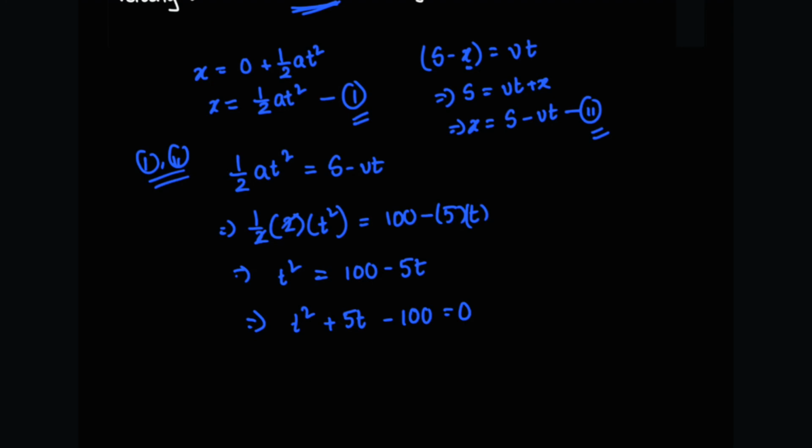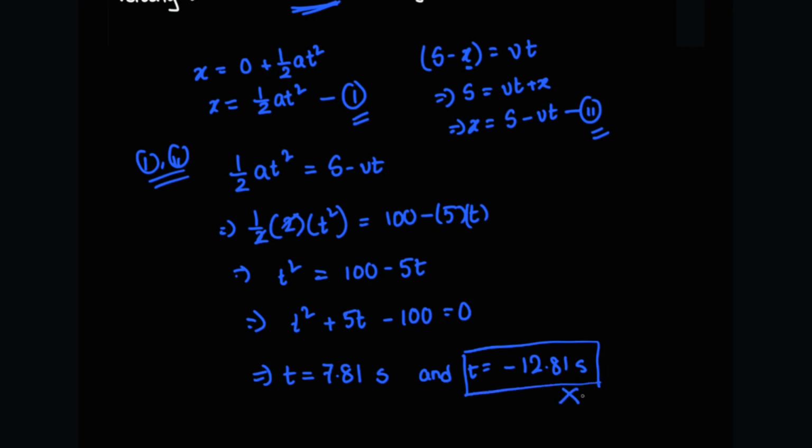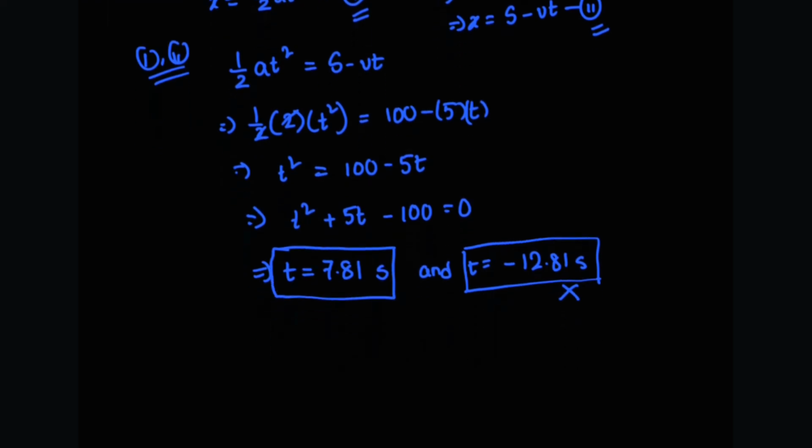And if we plug this into a calculator, we get that t is equal to 7.81 seconds and t is equal to minus 12.81 seconds. However, the recorded time cannot be negative, and this is why we cannot accept this. So our required time is 7.81 seconds.